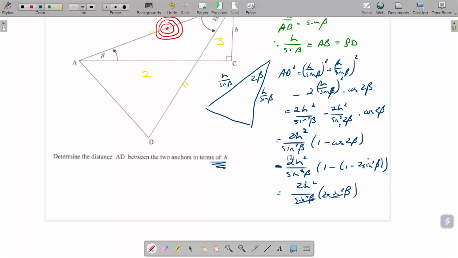Again, those will cancel, and we've now got 4h squared. But be careful, because this is AD squared, and they've asked us to find AD. So therefore, AD equals simply 2h.